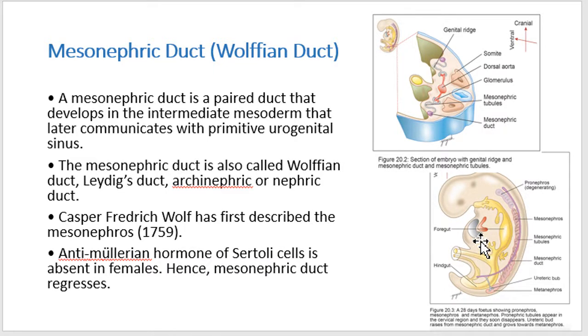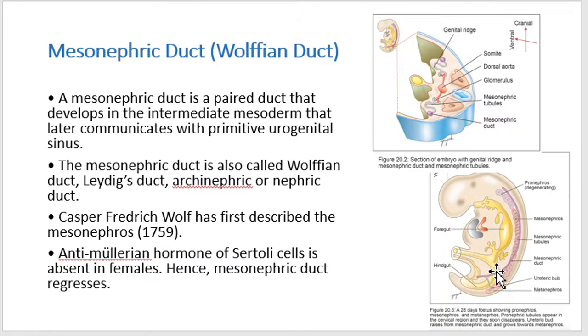So ontogeny repeats phylogeny. All the stages of evolution are present in the development of the kidney.